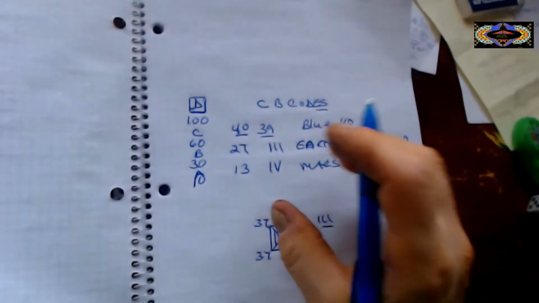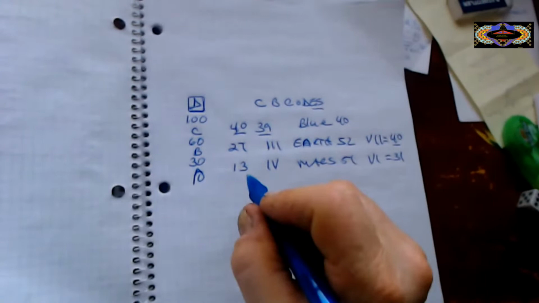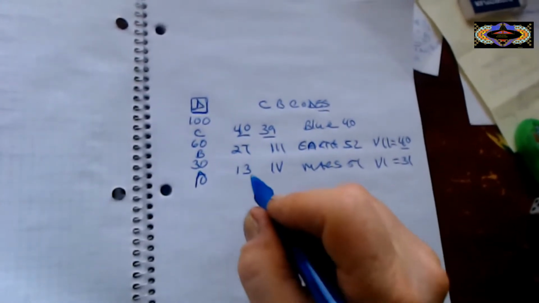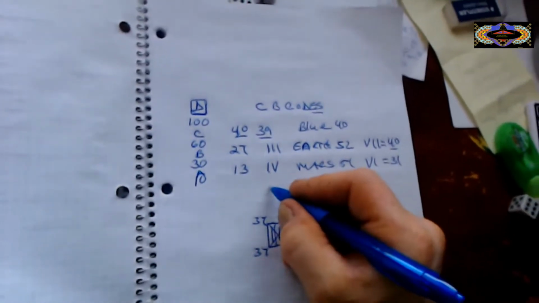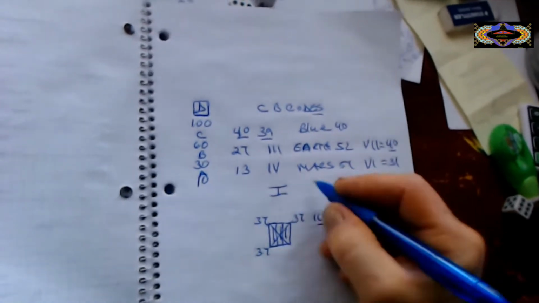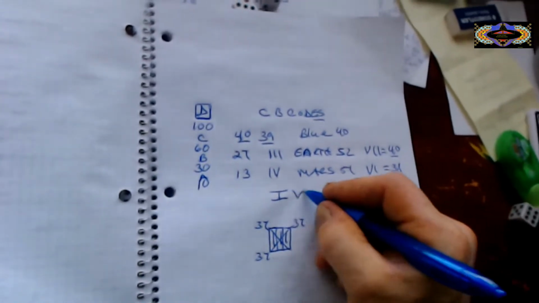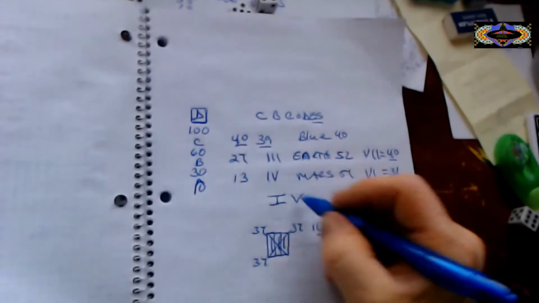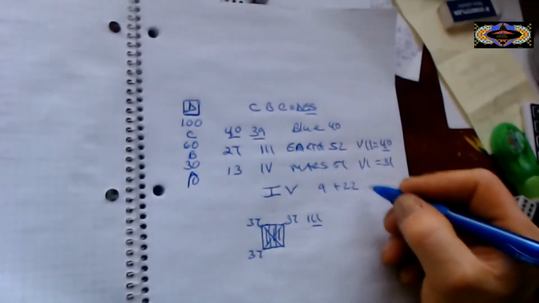Everything keeps reflecting Mars as being why we say man to everything. It's 13 because this and this, which is Taurus, the V is Taurus. What happens here is it's the 9th letter and the 22nd letter.